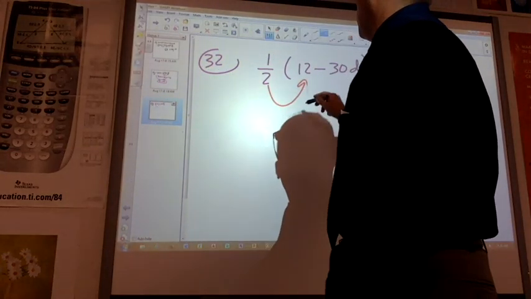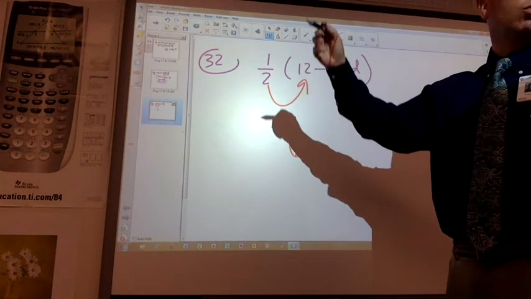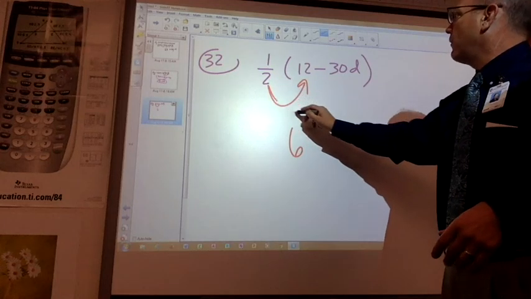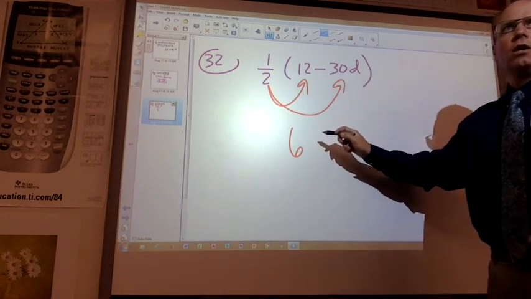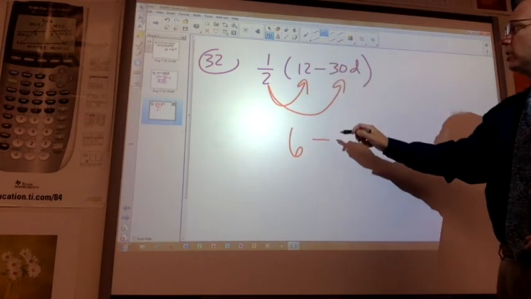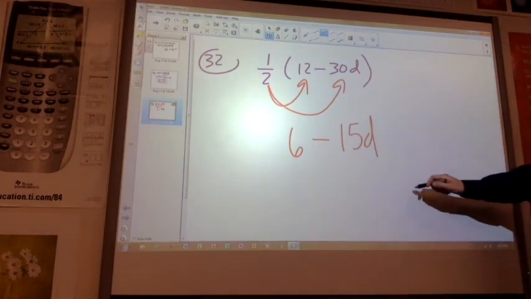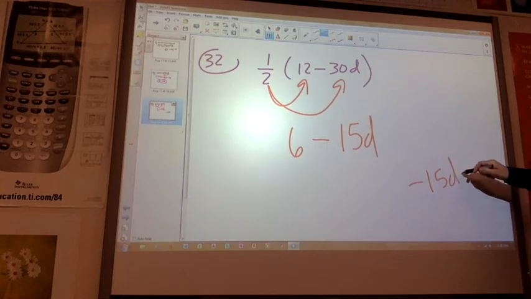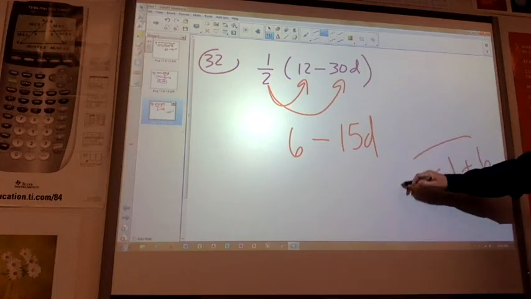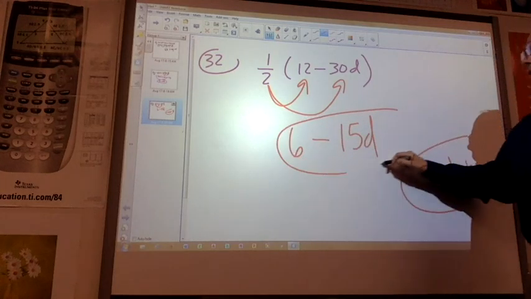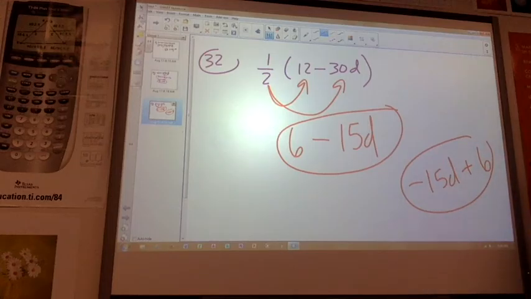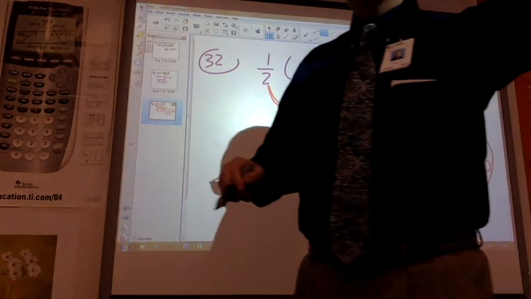So half of 12 is 6, or 12 over 2, and then reduce it. And half of 30 is 15. Make sure you keep it minus, because there's a minus there, so I get 6 minus 15d, and it's done. You also could have negative 15d plus 6. That's correct, or that's correct. It's your choice which way you'd like to do it.